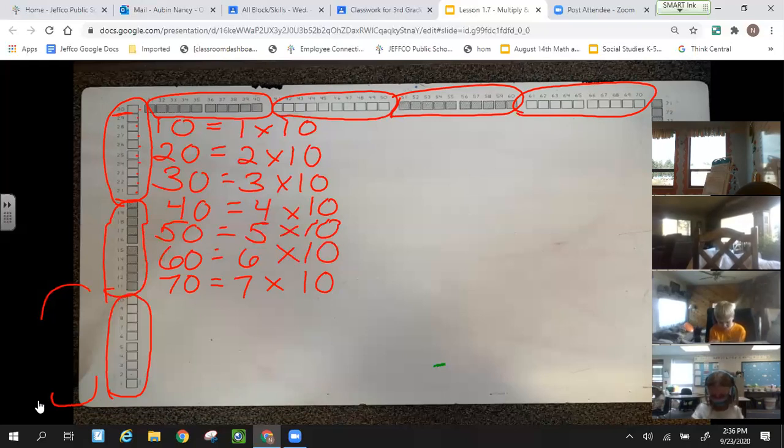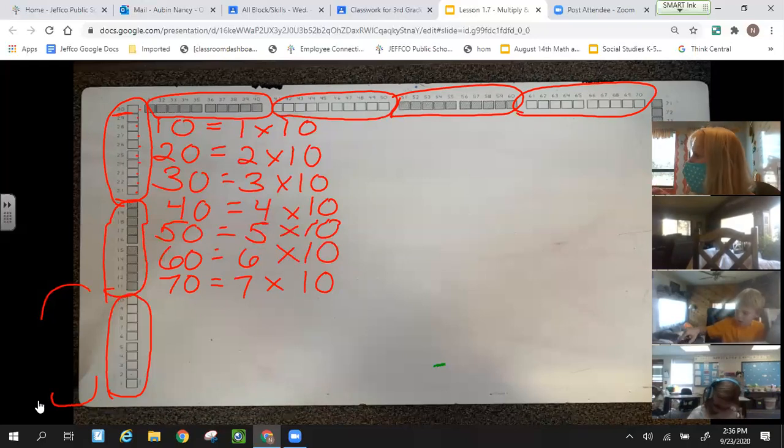All right, now get out your math spiral, write down the patterns you see. If you have finished, start writing down in your math spiral the patterns that you see. What patterns do you notice? I have to write the vocabulary up there for you.